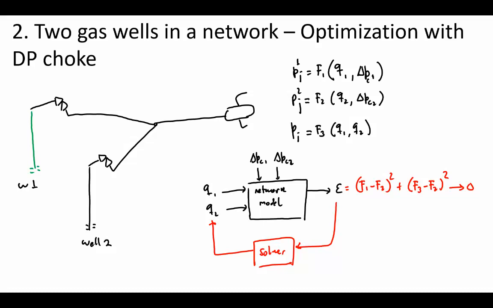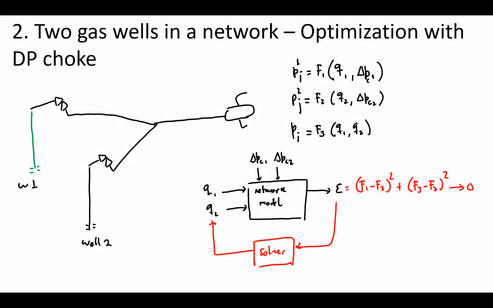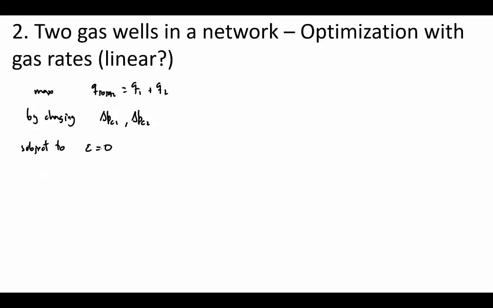So if we're going to optimize that system, because we have access to all our equations, we can formulate the problem as: maximize Q total, that is Q1 plus Q2, by changing delta P C1 and delta P C2, subject to epsilon equal to 0, where epsilon is F1 minus F2 plus F3 minus F2.